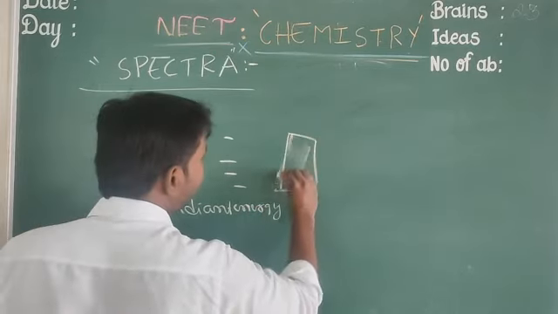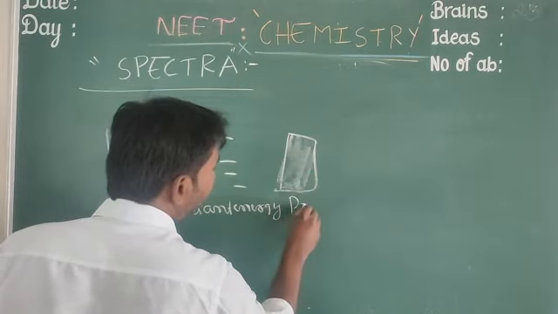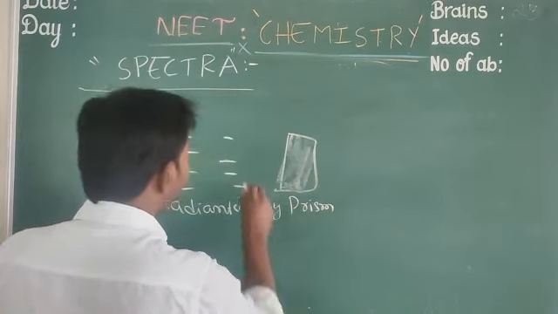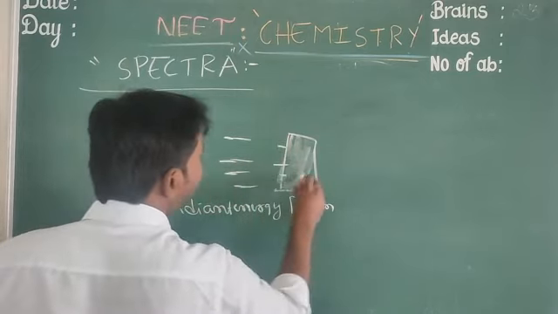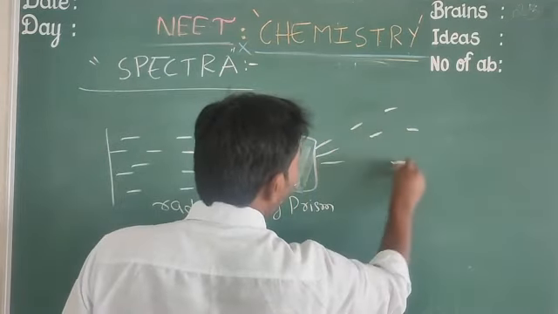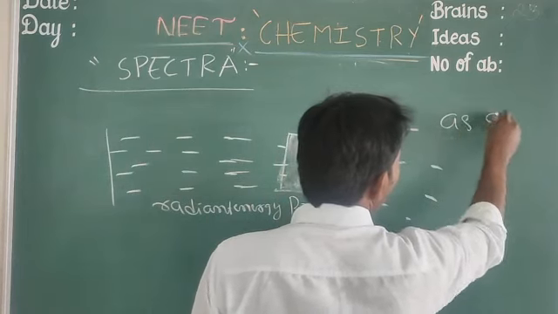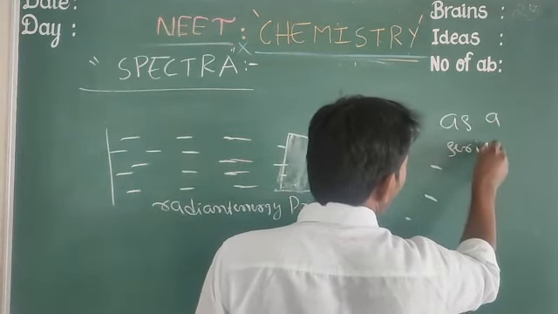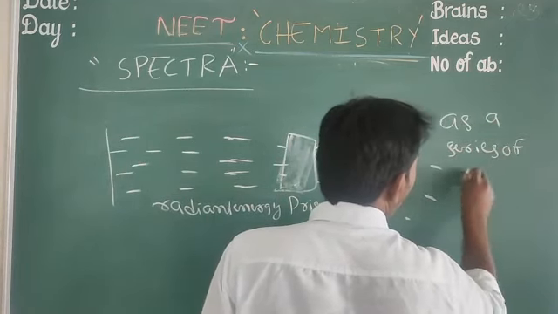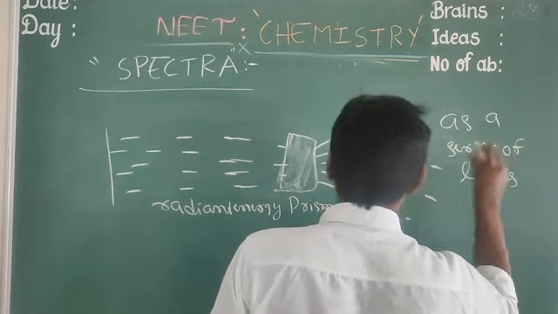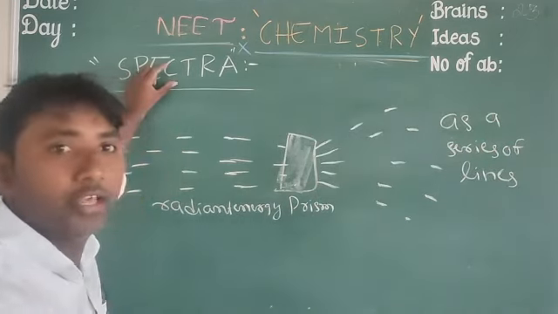Suppose we are assuming this is a prism. Passed through the prism, it can split into different directions as a series of lines. A series of lines is called spectra.